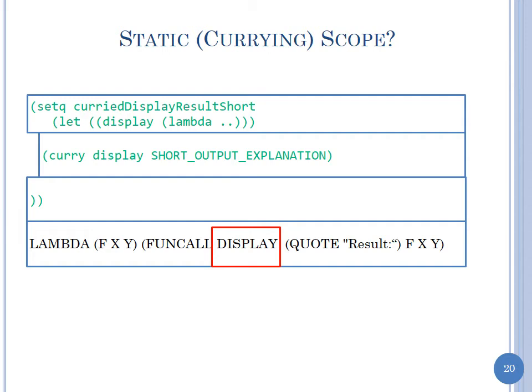And the answer to this? Evaluate it, get back a lambda, and do we need to quote that lambda? Let me show you the code.